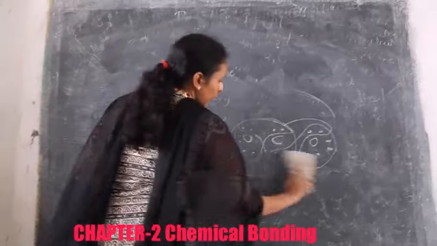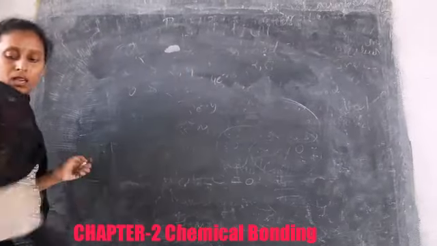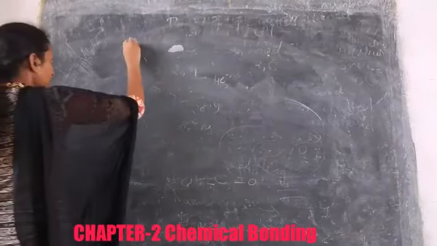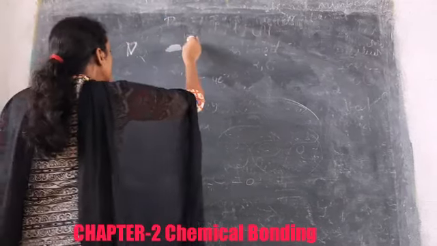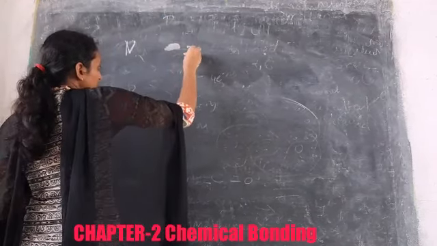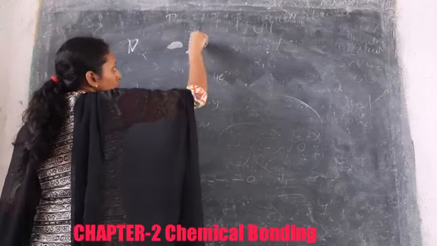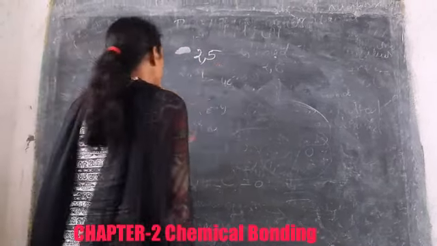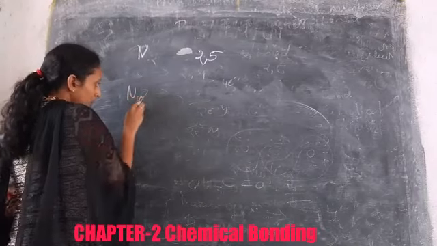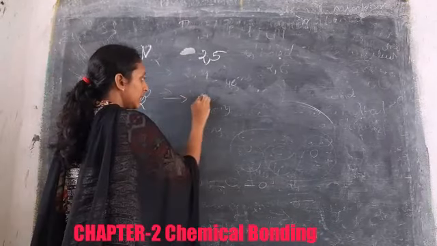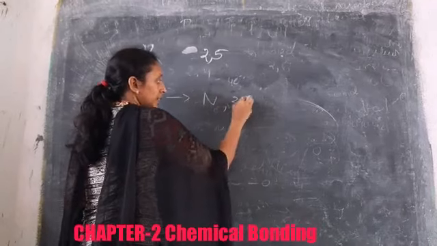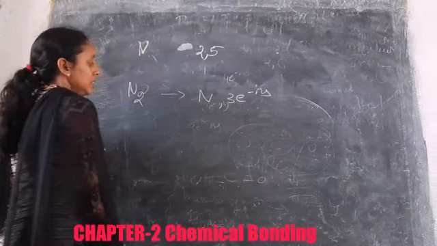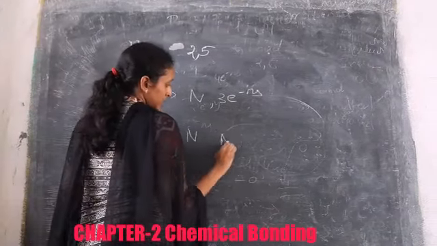So nitrogen you already know. Nitrogen is 2, 5. It requires 3 more electrons. So if you take N2, each nitrogen requires 3 electrons.